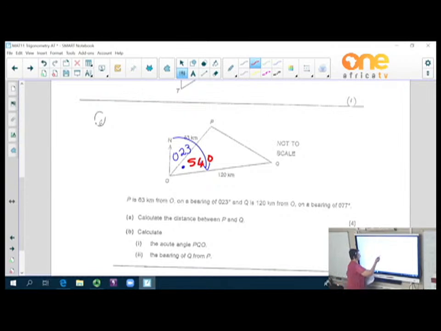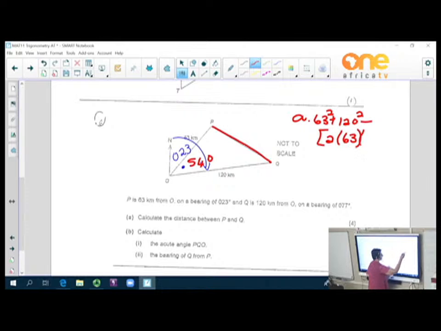Now we have to calculate PQ, and can you see, third side? Now it's the cosine rule. So that will then be 63 squared plus 120 squared minus, in brackets, 2 times 63 times 120 cosine, and which angle are you using? 54 degrees.